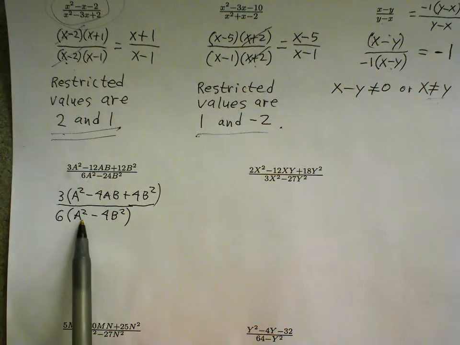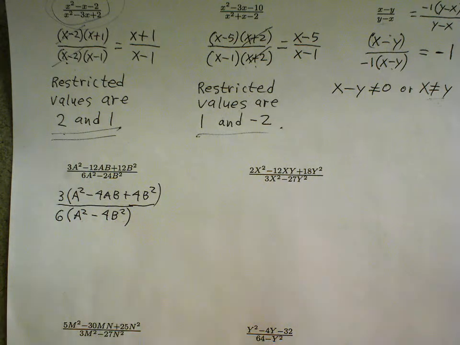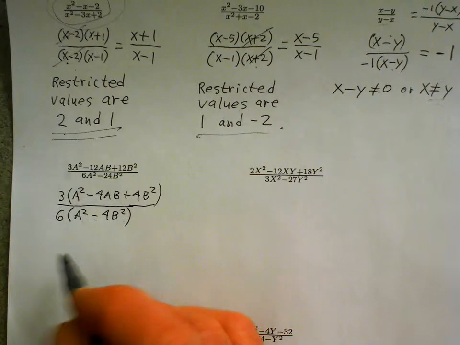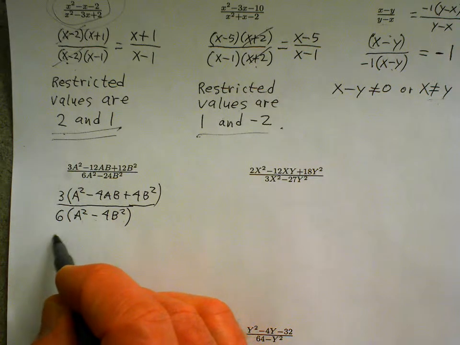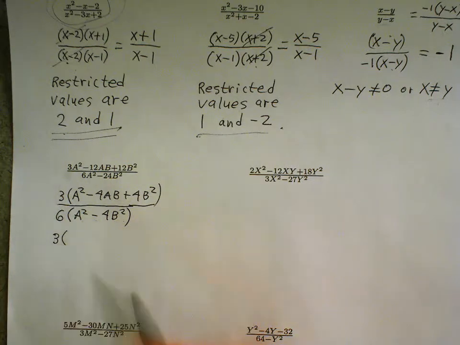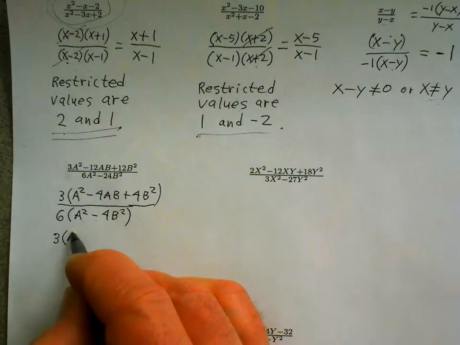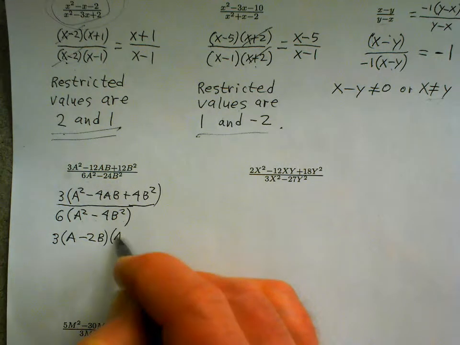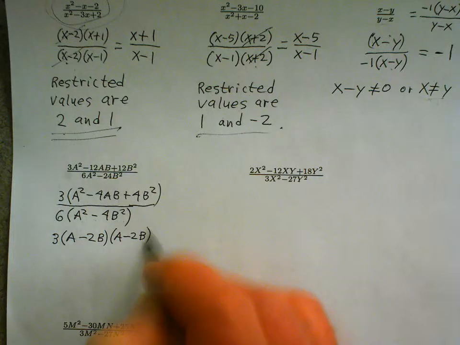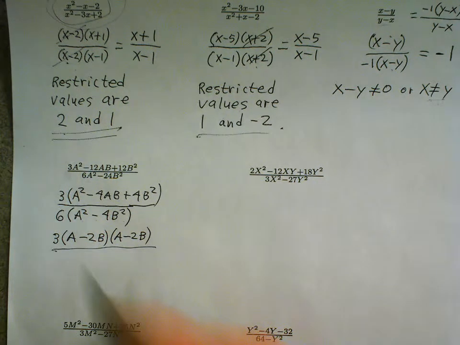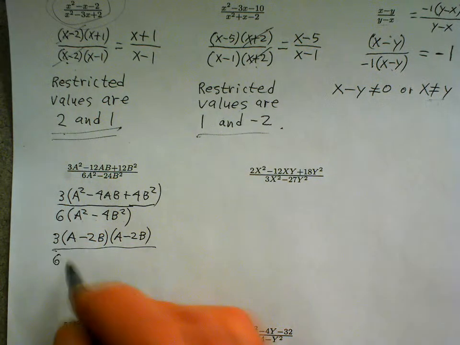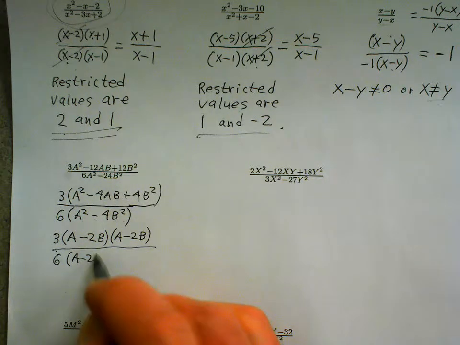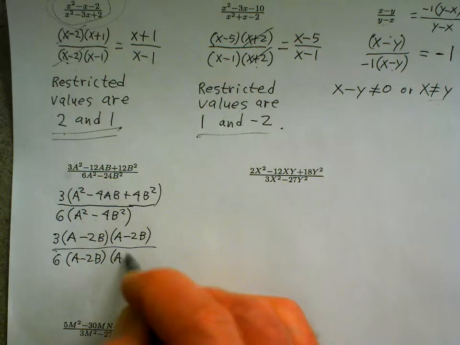And in the denominator, a squared minus 4b squared is a difference of 2 squares. So we can factor those. In the numerator, 3 times a minus 2b times a minus 2b. And in the denominator, we have a minus 2b times a plus 2b.